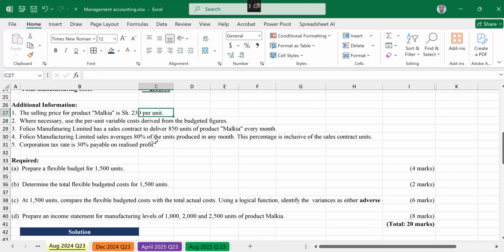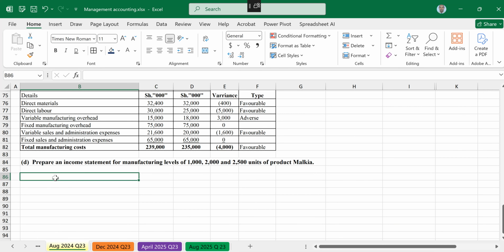So per unit, start by getting per unit variable costs from the budgeted figures. So we have some items like direct material.